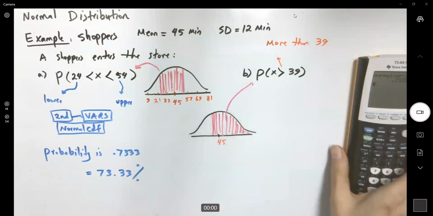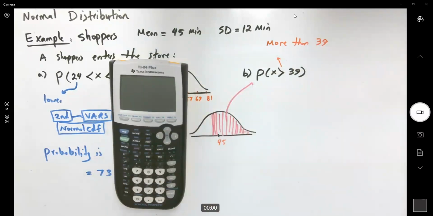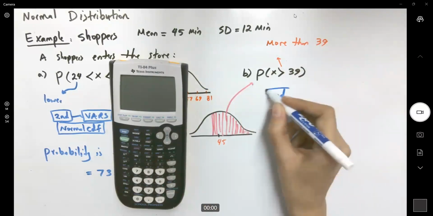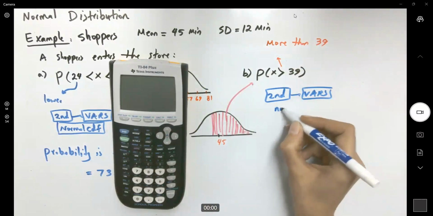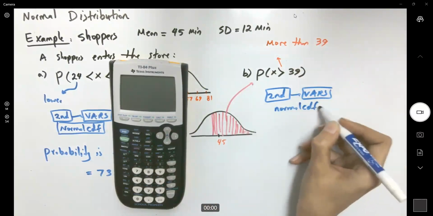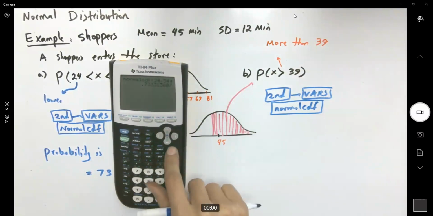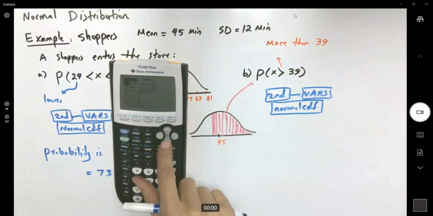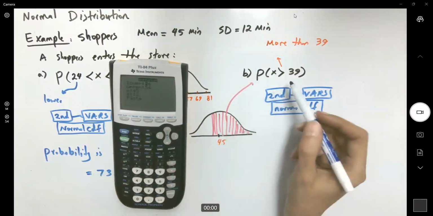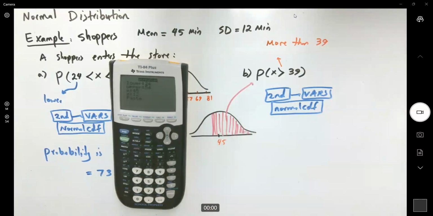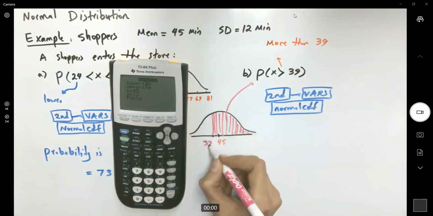So to find this probability, we're going to use our calculator. Second VARs, normal CDF. What's my lower limit? My lower limit is 39. Why is that? Because 39 is on the left-hand side. This is my 39, the lower limit.